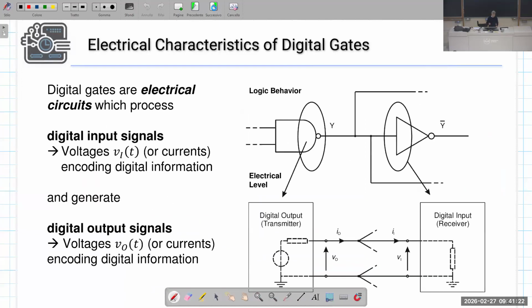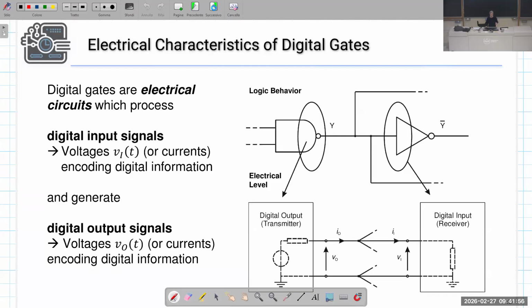Now let's go to the main topic of today, that is electrical characteristics of digital gates. So far, we have informally introduced what is the expected behavior and the expected function of digital gates. We should not forget that in digital electronics, either combinational or sequential functions are implemented by electric circuits.